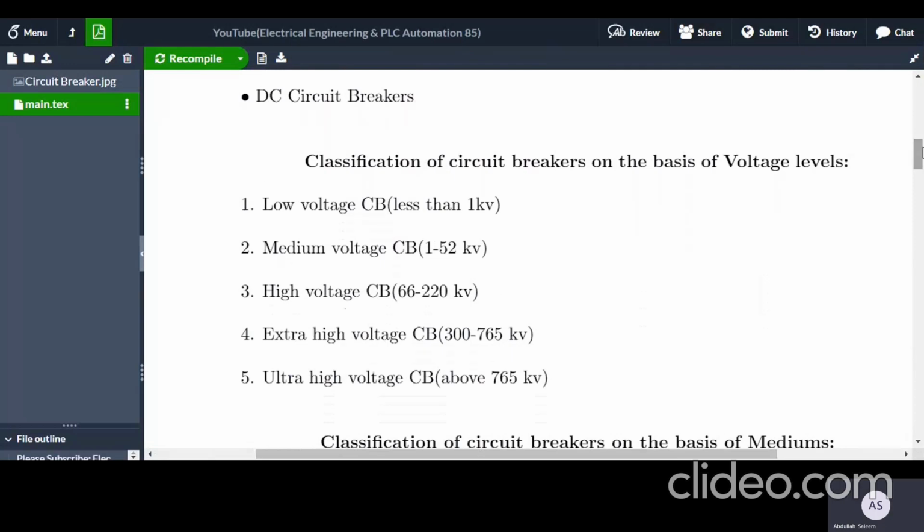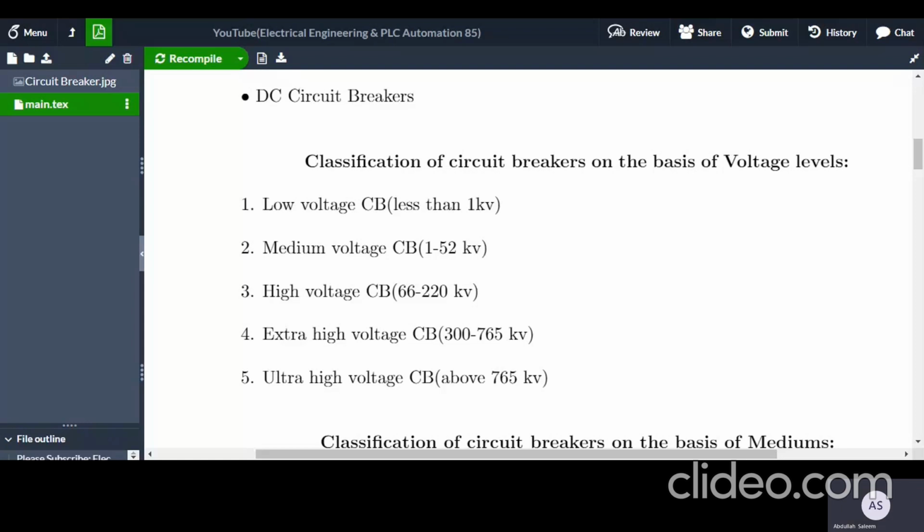Low voltage circuit breakers have a voltage range up to 1 kilovolt. Medium voltage circuit breakers range from 1 to 52 kilovolts. High voltage circuit breakers operate in the operating voltage range 66 to 220 kilovolts.